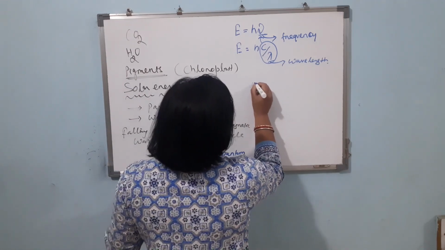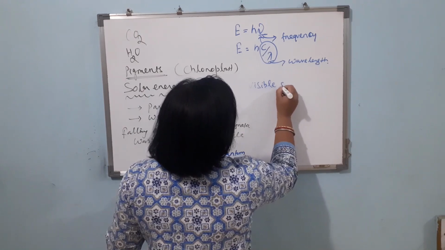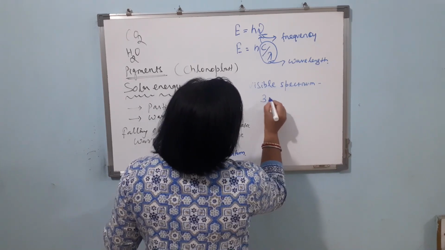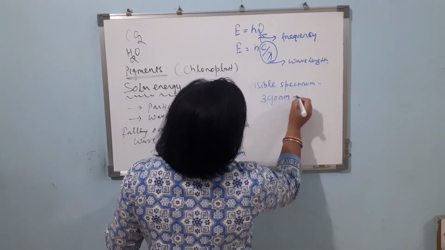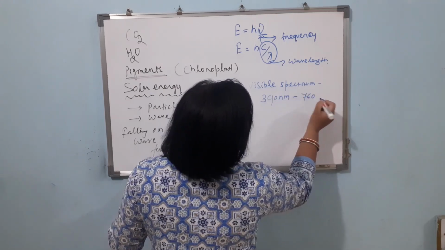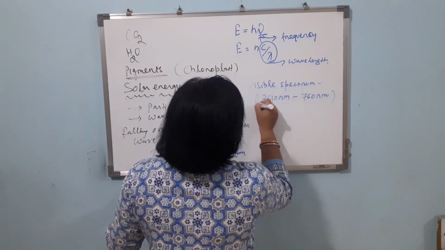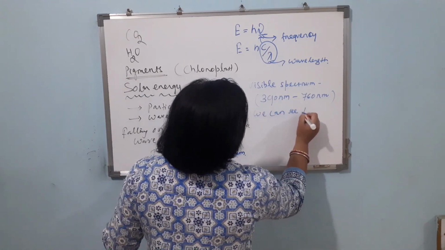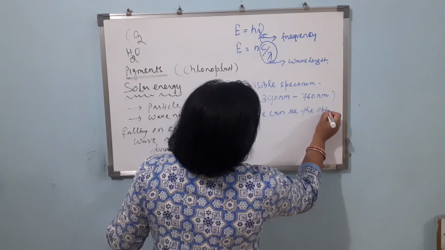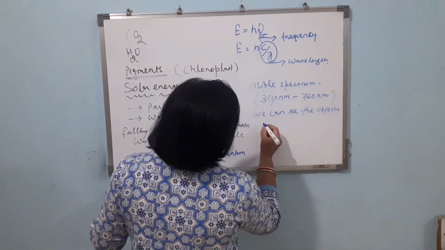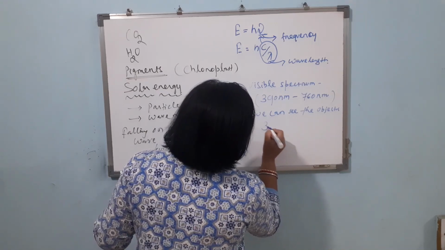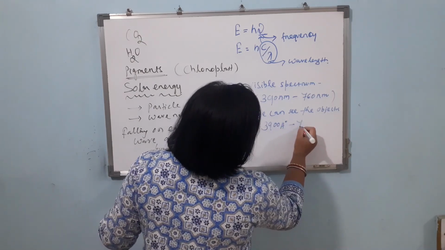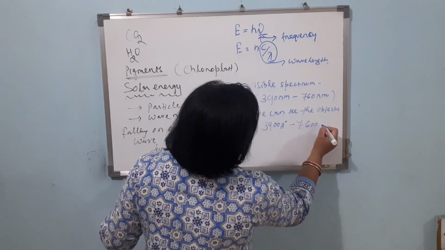The visible spectrum falls between 390 nanometer and 760 nanometer, or you can say we can see objects having wavelength between 3900 angstrom and 7600 angstrom.